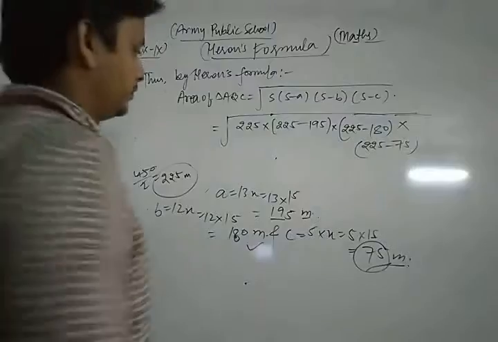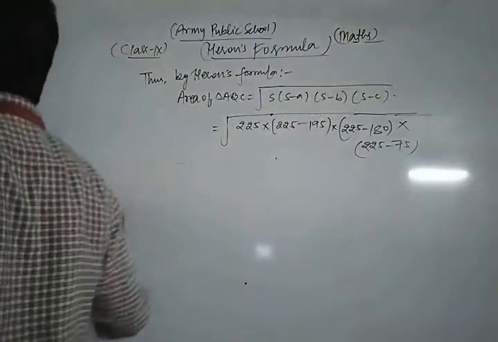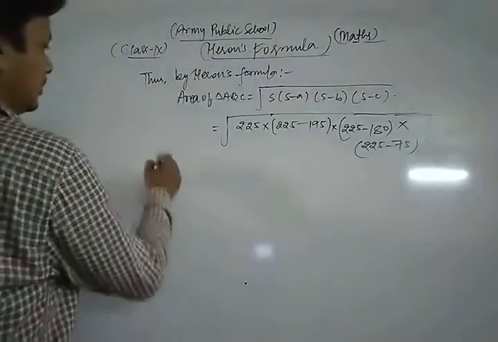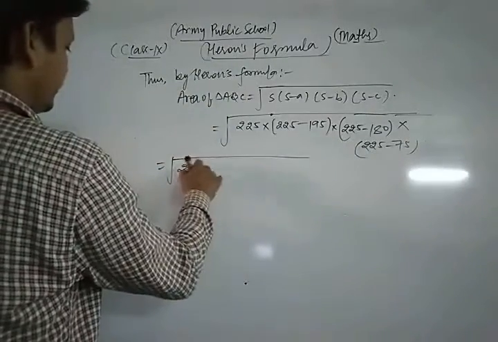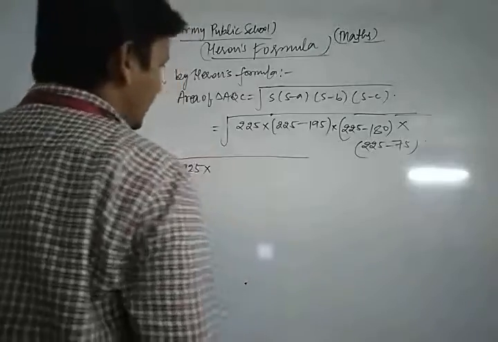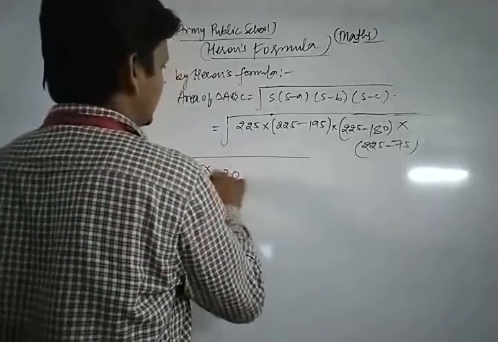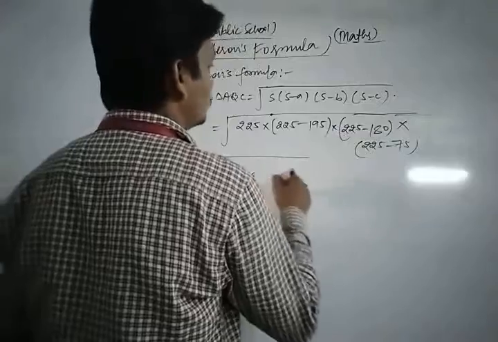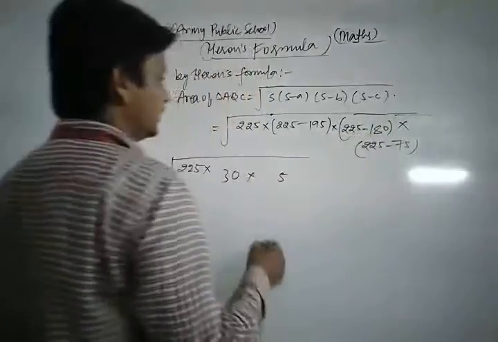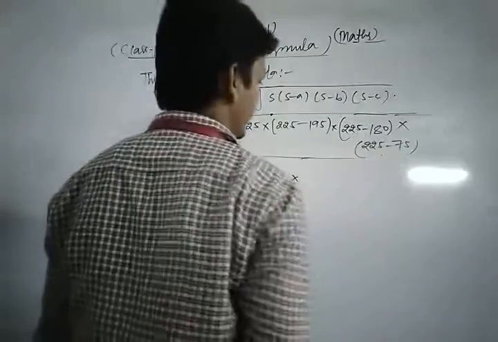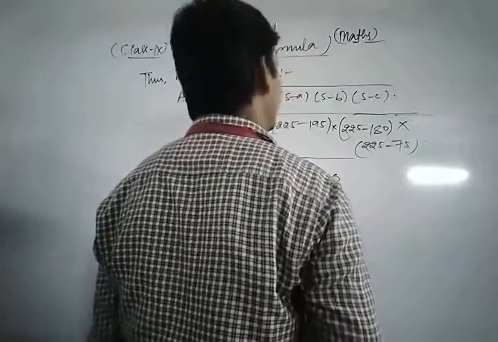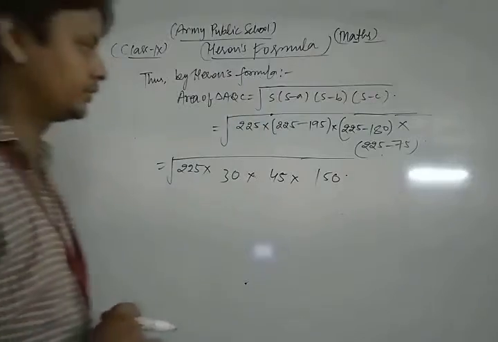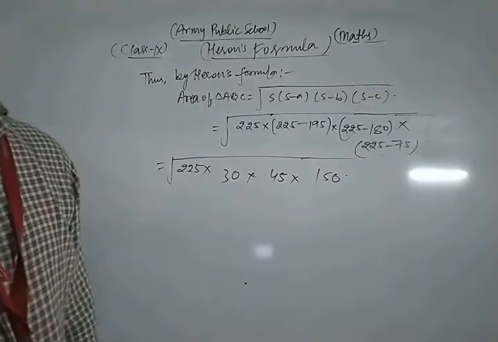Now we simplify them. We get 225 into (225 minus 195) which is 30, into (225 minus 180) which is 45, into (225 minus 75) which is 150.